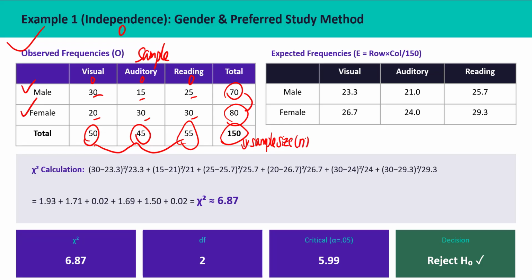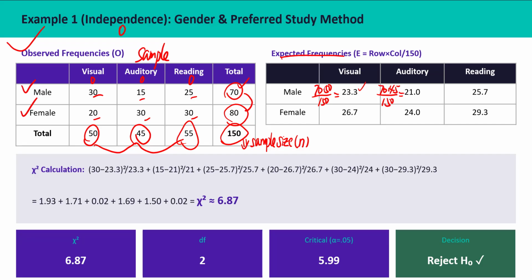Call this N. And then for the expected frequencies, the first expected frequency, under the category male with visual study method, is going to be 70 times 50 over 150. And when we divide that, we get 23.3. The second one is auditory, so you do 70 times 45 over 150, that turned out to be 21.